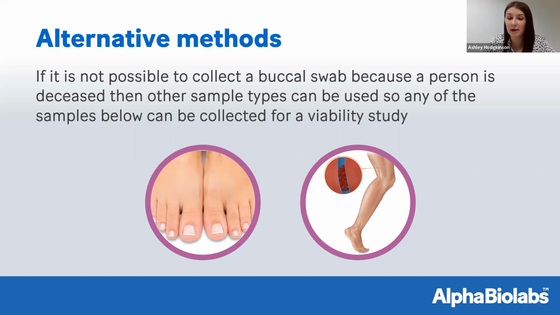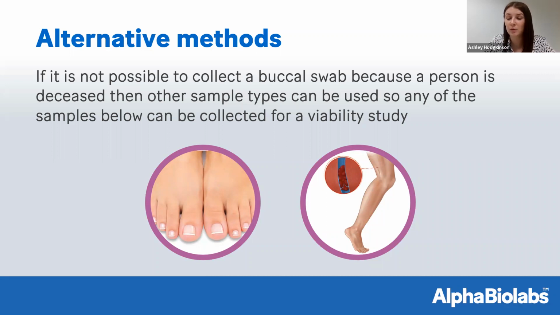It depends on what options we have. But it is something we can help with as long as the next of kin provides consent. Again, without consent, we are not willing to undertake any testing because we're not allowed to. So it's really important that the next of kin is aware of what's happening and is willing to sign consent for the test to go ahead.